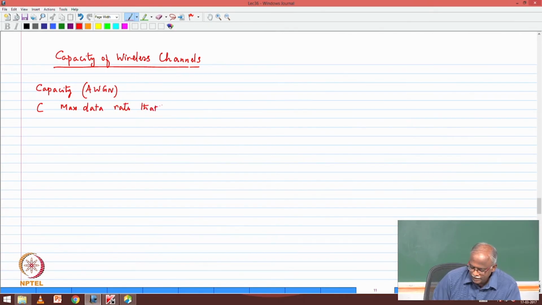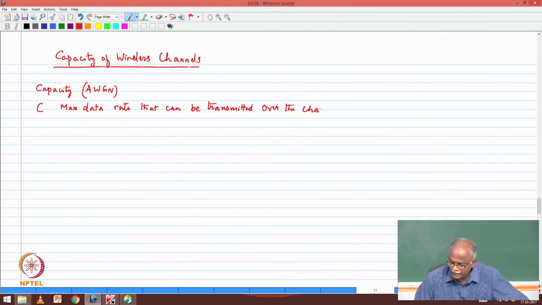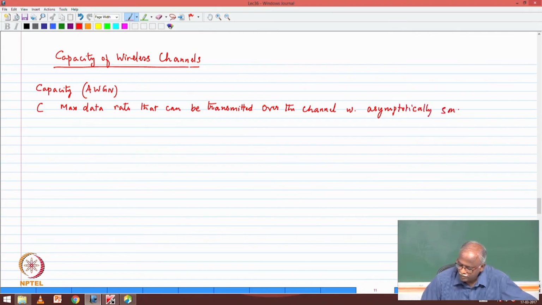Maximum rate that can be transmitted over that particular channel, the AWGN channel, with asymptotically small BER. Okay, so almost zero BER.